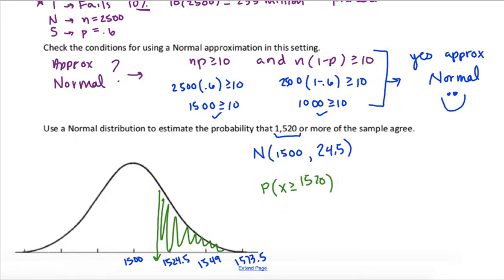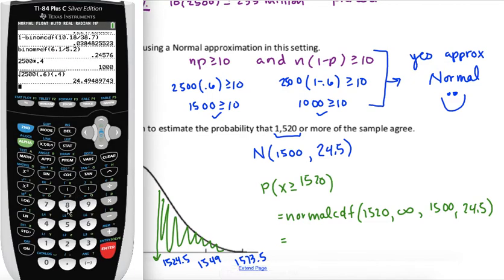Well, now we have a normal distribution where we always do CDF. We'll take 1,520 to infinity, and then we have our mean and standard deviation. So we took something that's binomial and have now changed it into the approximately normal distribution.